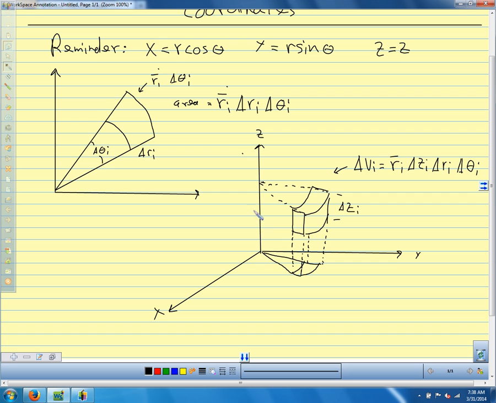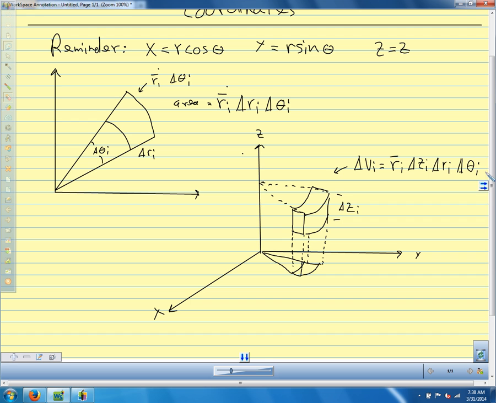We take the limit as delta V sub i becomes smaller and smaller, so we take the smallest diagonal of these little pieces and let that shrink down. We get our definition of a triple integral.